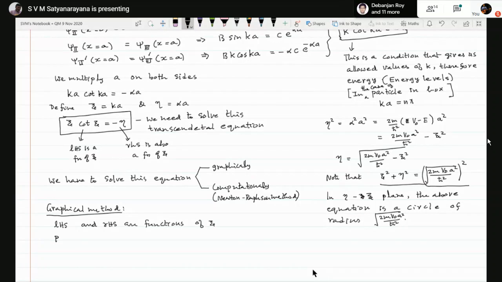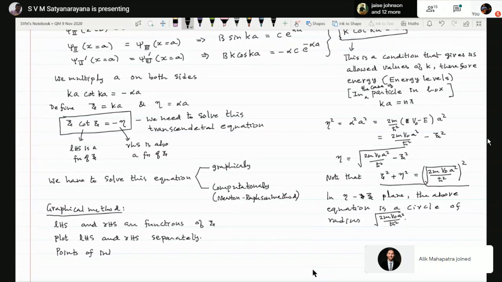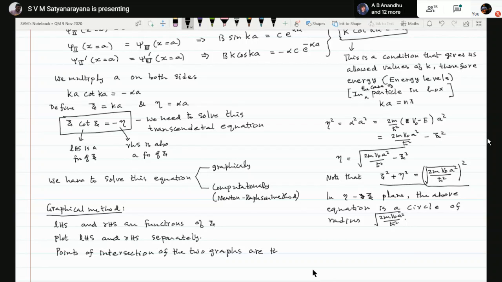So plot LHS and RHS separately. Now the points of intersection of the two graphs are the solution.